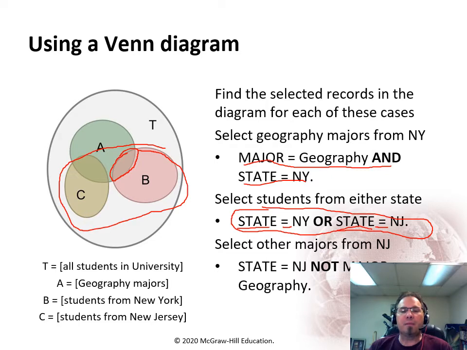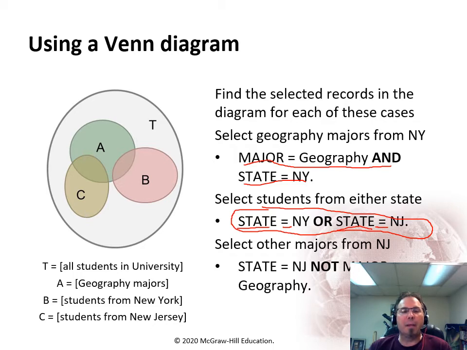Then select majors from state equals New Jersey, not geography majors. So let me clear this here. State equals New Jersey, which is C, not geography majors.